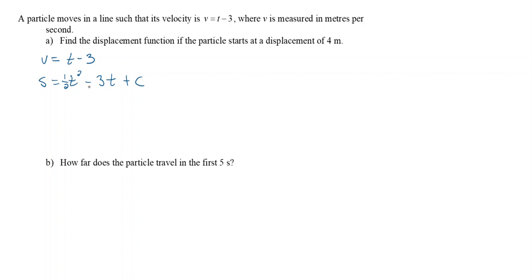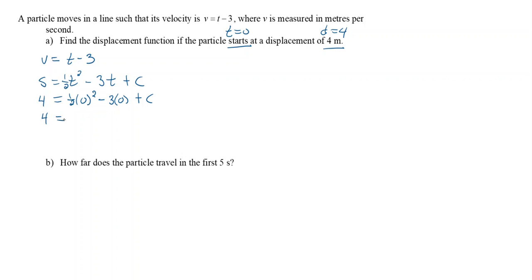The last thing to do: we don't know what c is yet, but that's why they gave us an initial condition. They say it starts at a displacement of 4. So that implies that time is 0 and displacement is 4. That's a point of ours. So let's plug in 0 for t and 4 for s. 4 equals 1 half times 0 squared minus 3 times 0 plus c.